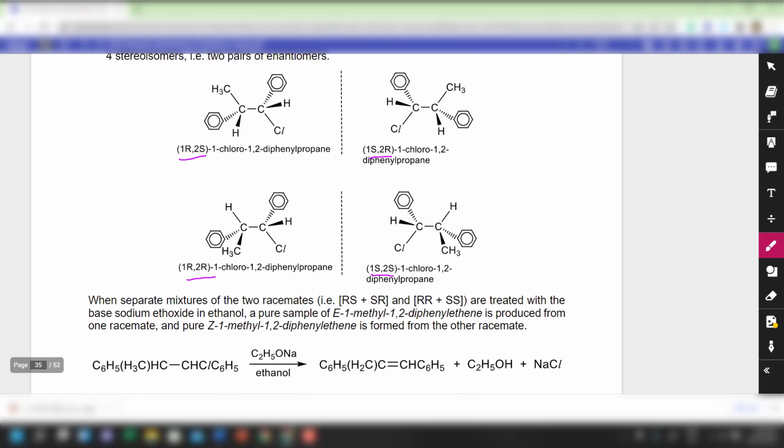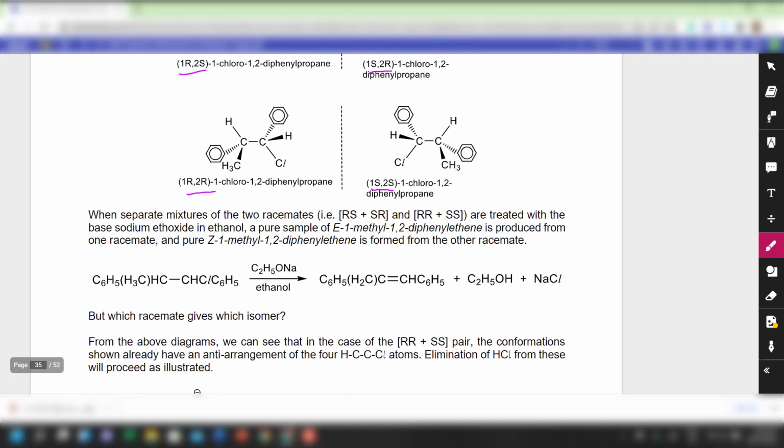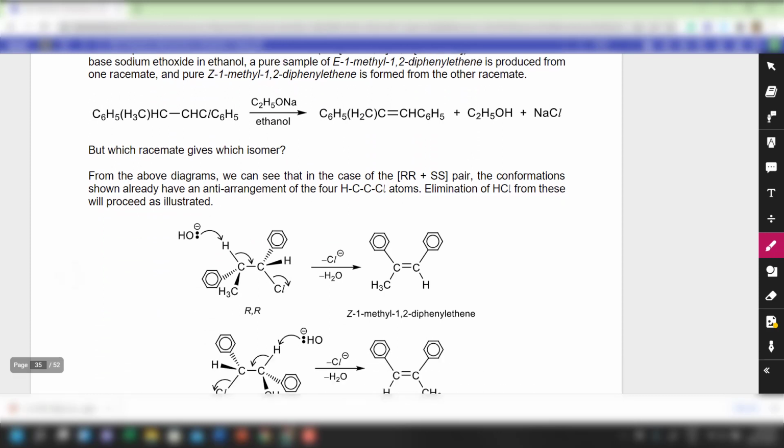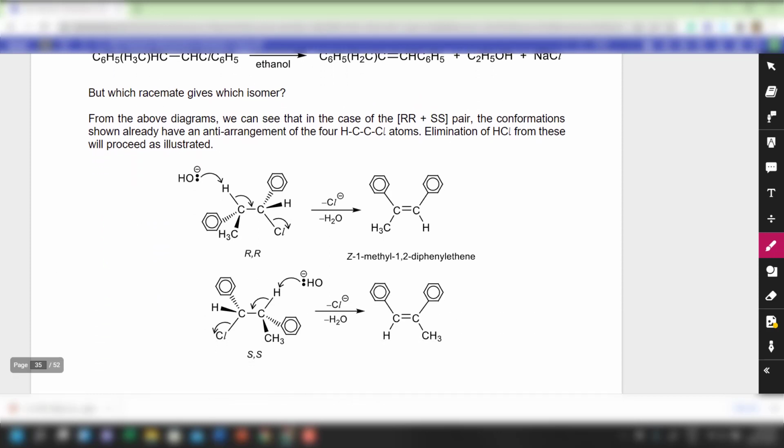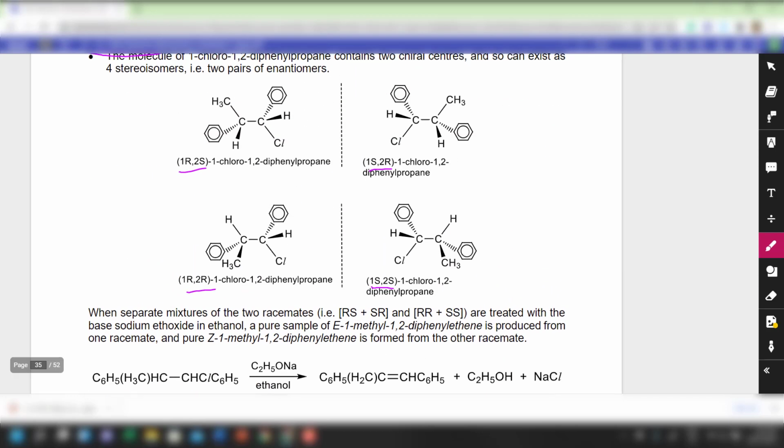So I mean, just showcasing this to you is quite confusing. But what we really want to do is, because over here we have already performed an illustration, I'm going to move back. So this is what we're talking about: 1R,2R and 1S,2S.